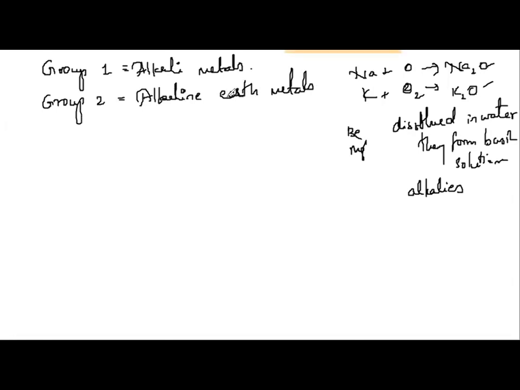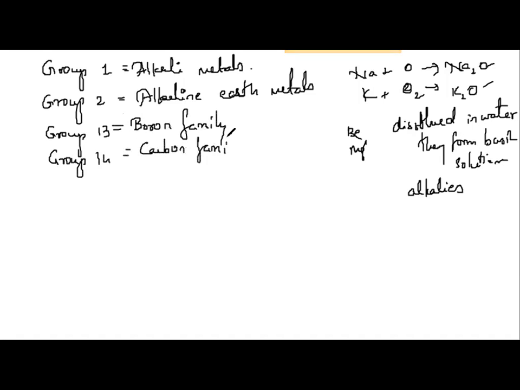And these metals are found in the earth's crust in more abundance. Therefore, they are called alkaline earth metals. Coming to group 13, the first element is boron, therefore it is called the boron family. Yes, they are named as families. Group 14, the first element is carbon, and they are called the carbon family.